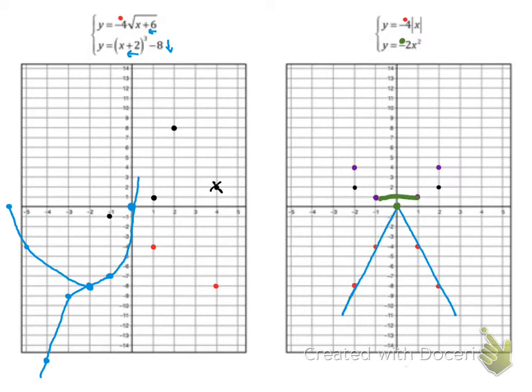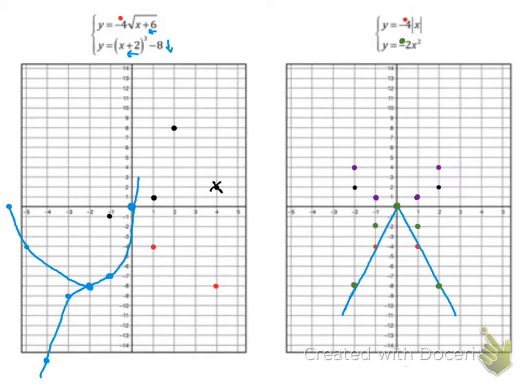These two y values are at 1. 1 times negative 2 is negative 2. So this drops to negative 2. This drops to negative 2. And finally, these two are at 4, the y value. So they drop to negative 8 and negative 8.